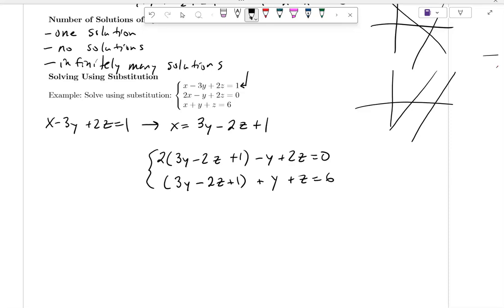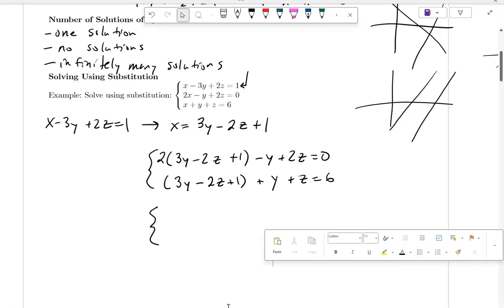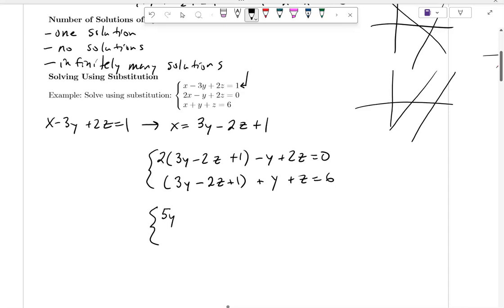In the first equation, we would need to distribute the 2 through, right? I would get 6y, but then I have a minus y over here, so I would have a 5y. I would have a negative 4z plus 2z, right?